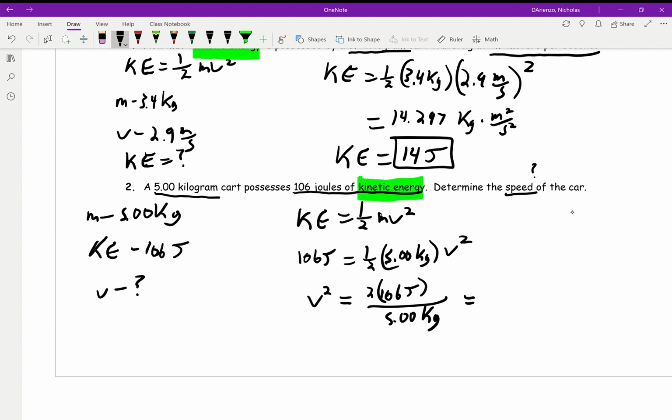This will give us a value of 42.4 joules per kilogram. And after rounding, we take the square root of that. We get a value here of 6.51 meters per second, and that is our velocity.